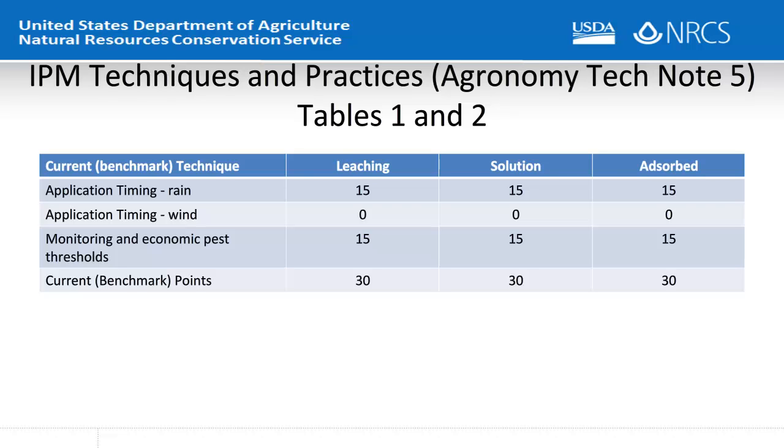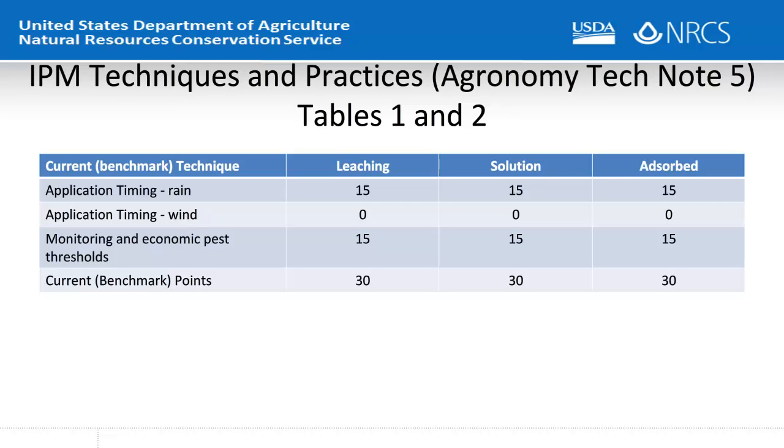Mr. Smith told us he walks his fields to check to see if there are enough weeds to justify spraying, and he won't spray if there is rain or high winds forecasted, which would probably meet the criteria for the application timing rain technique, which contributes 15 points to all hazards.